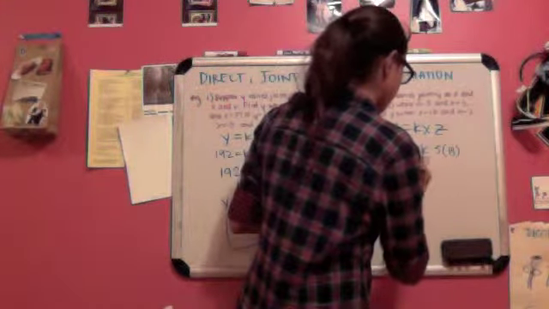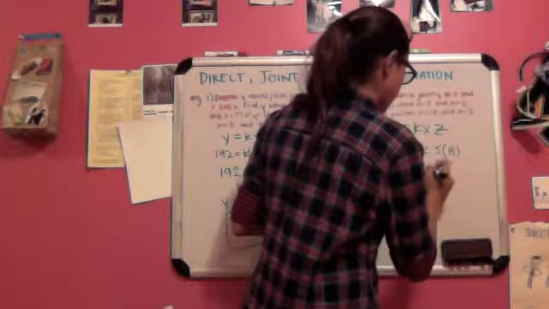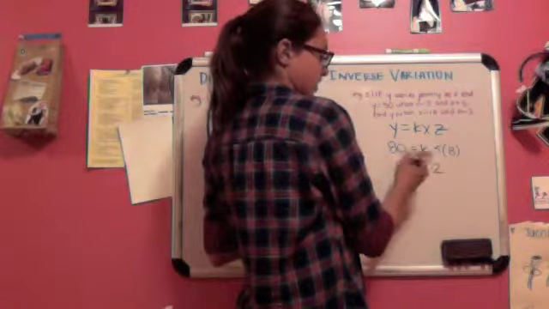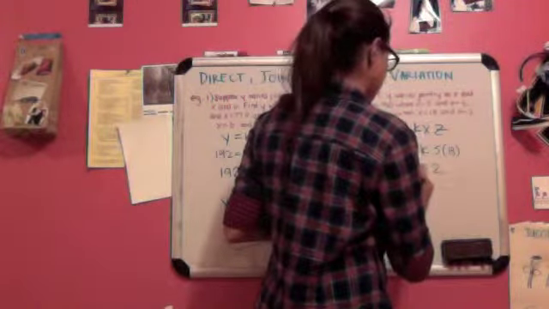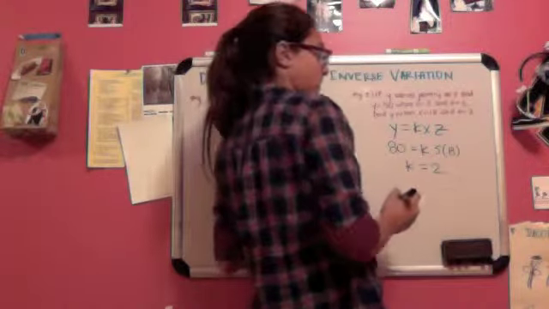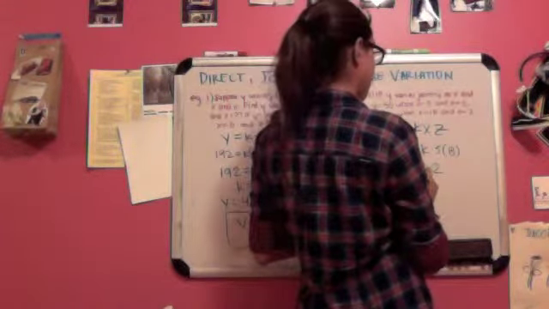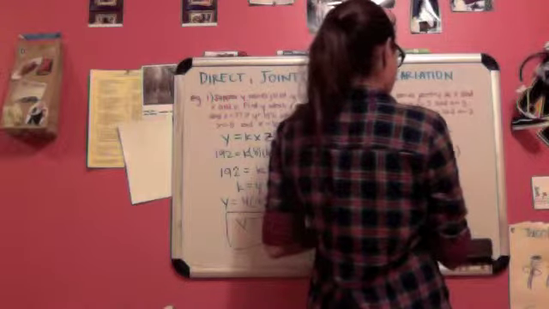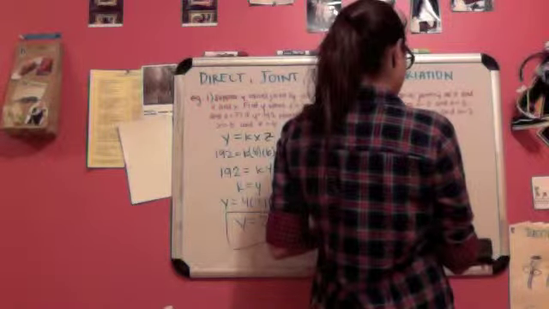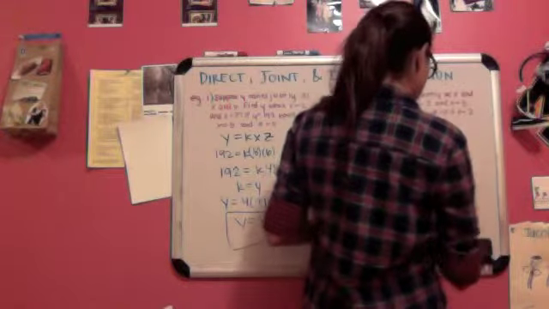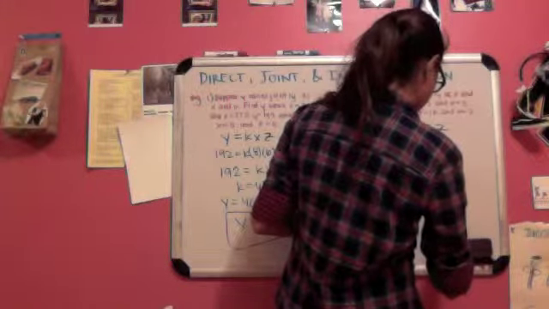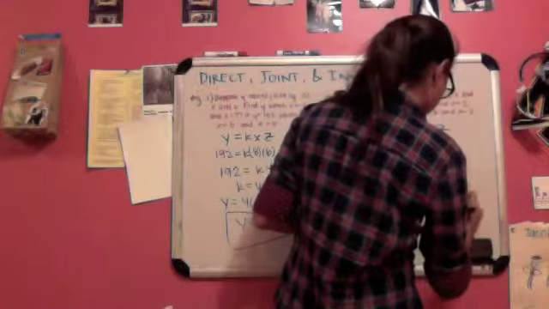So we solve for k, and k would equal 2 when we multiply out the 40 and divide 80 by it. Then we plug in k for the rest of the equation, and it would be y equals 2 times 16 times 2, and y would equal 64. And that's your answer for the second equation.